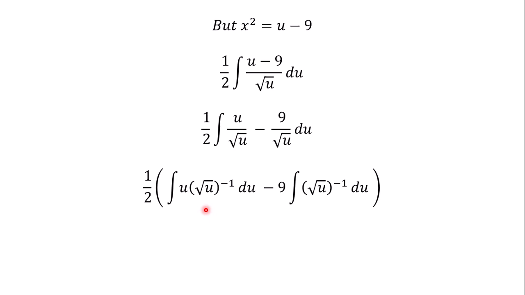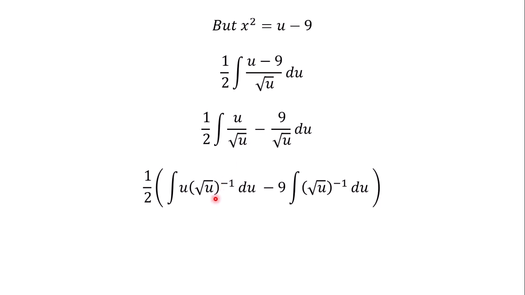When you make the comparison, you could see that the square root of u is replacing the a. So rewriting this in terms of a raised to the power minus 1, it's going to be the square root of u raised to the power minus 1.